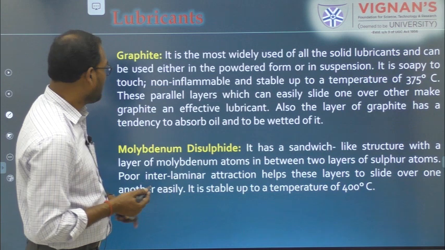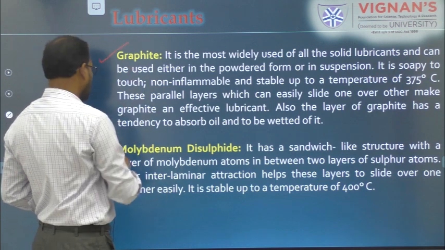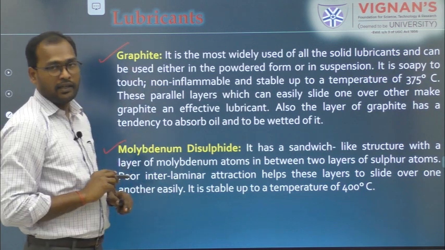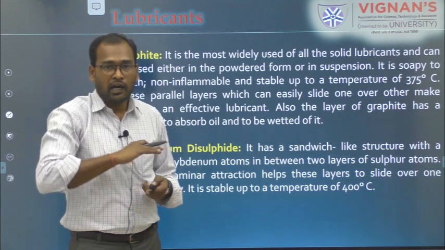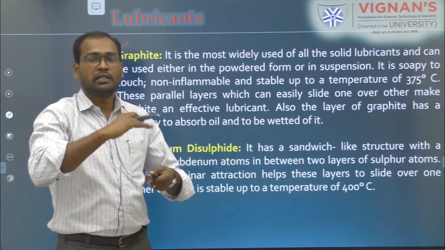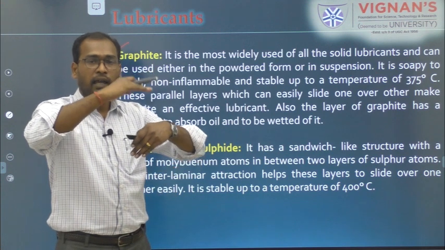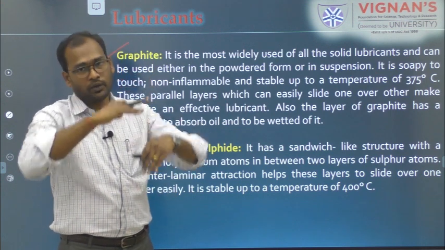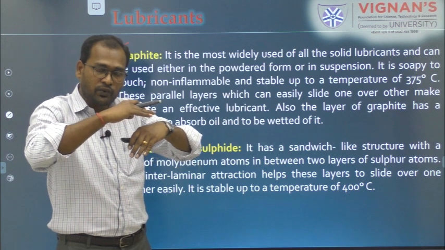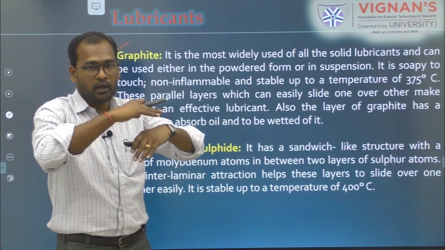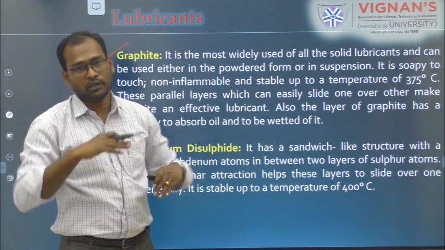We will see the examples. We will take two examples, graphite and molybdenum. Graphite is nothing but carbon sheets, graphene, stacked one over the other, right, and these stacks are held by weak van der Waals forces, and these weak van der Waals forces can be easily broken when a slight force is given to this material.